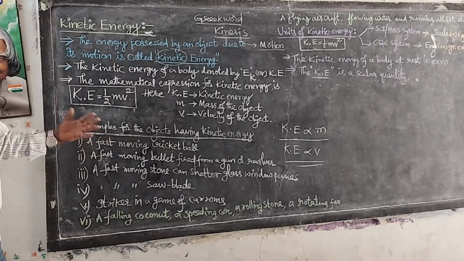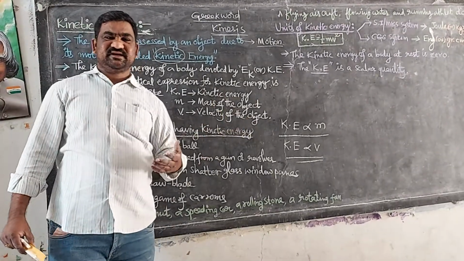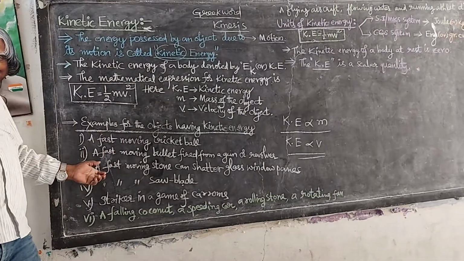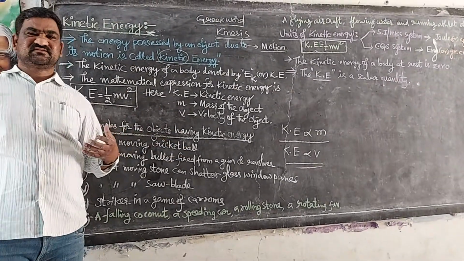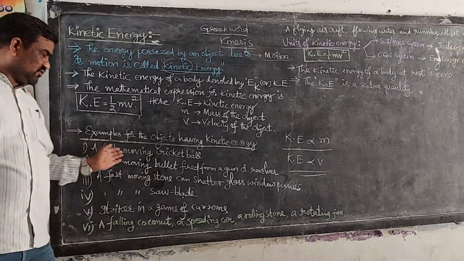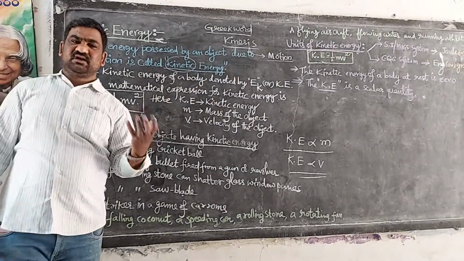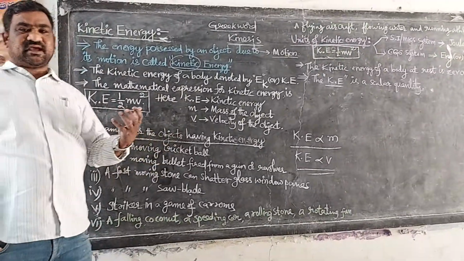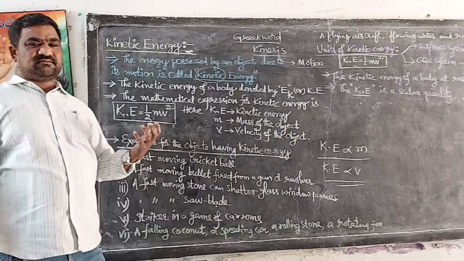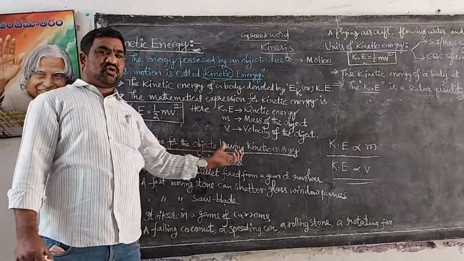So what are examples of situations where objects have kinetic energy in our day-to-day life? In our surroundings, we can observe different objects which have kinetic energy. Suppose a fast moving cricket ball. Generally when the cricket ball is in our hand, it has no kinetic energy.